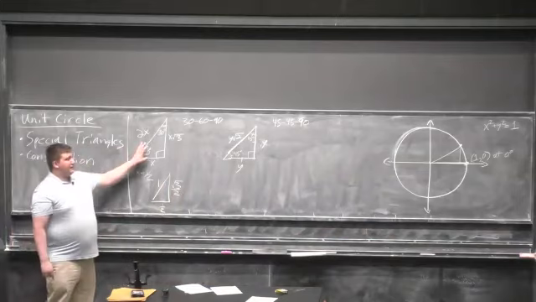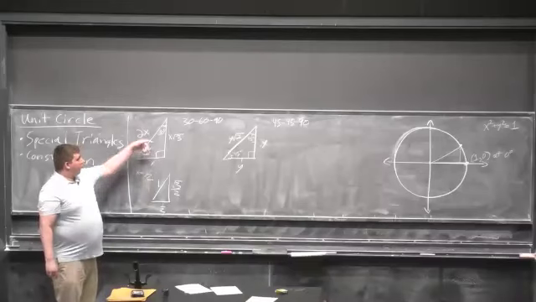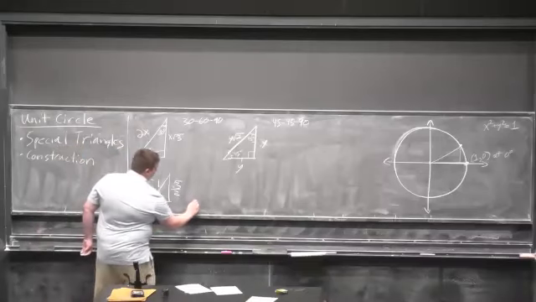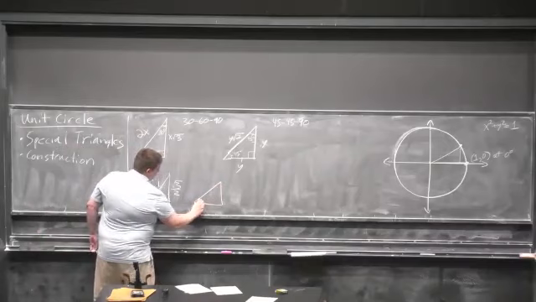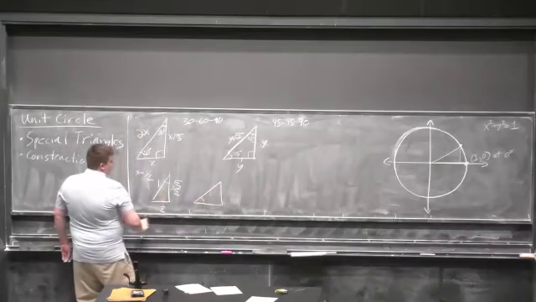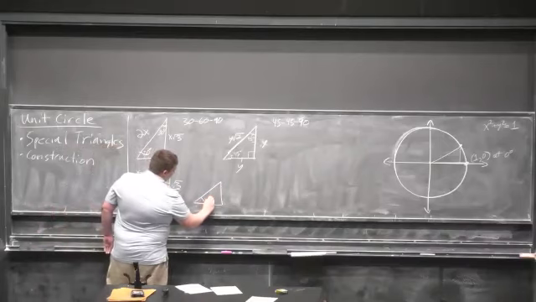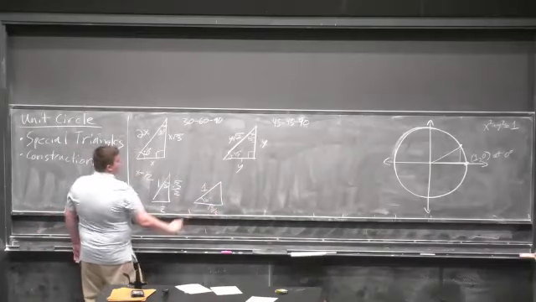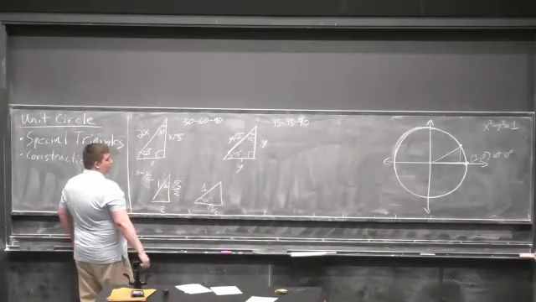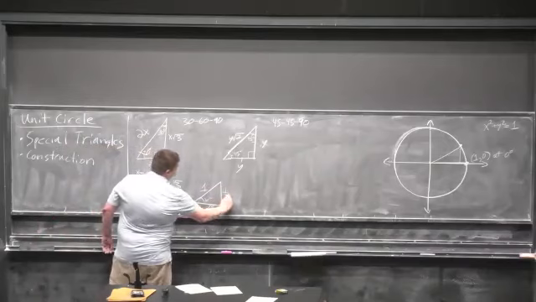Sorry, this is why I have a 60, but I could flip this and make it be a 30. So now I'm going to mark the short angle with this dash. This is 30 degrees, and we have square root 3 over 2. We still have a radius or a hypotenuse of 1, and this is 1/2.